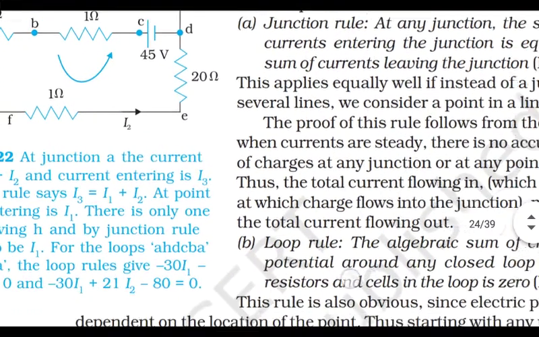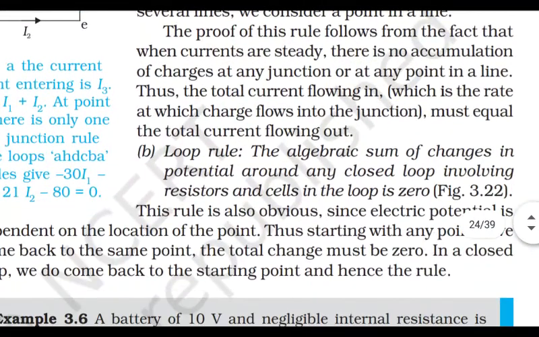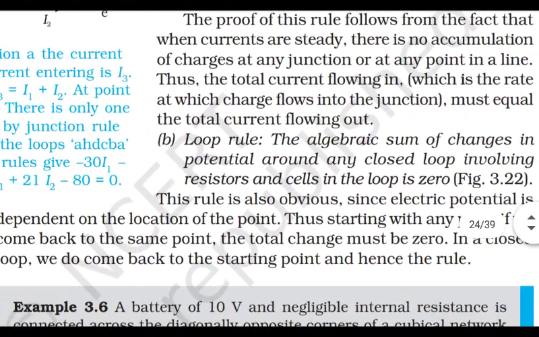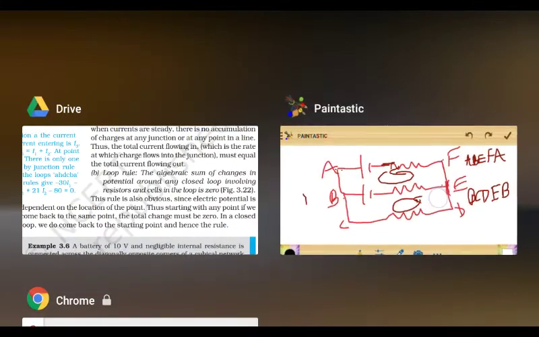Loop rule: the algebraic sum of changes in potential around any closed loop involving resistor and cells in the loop is 0. We are measuring the changes.